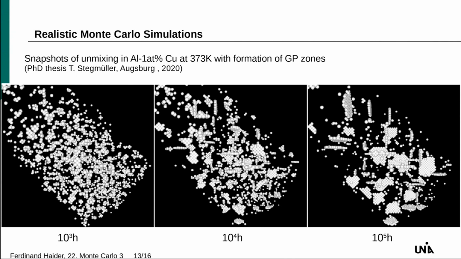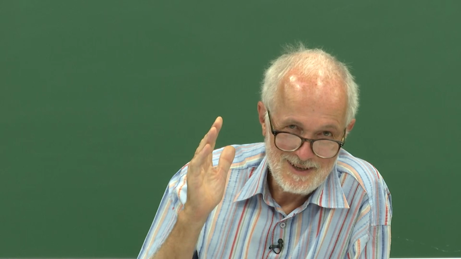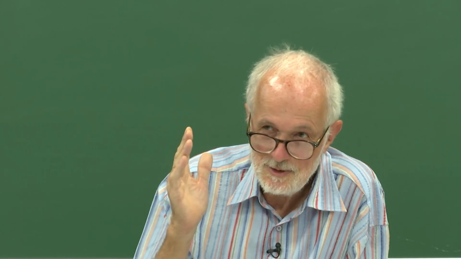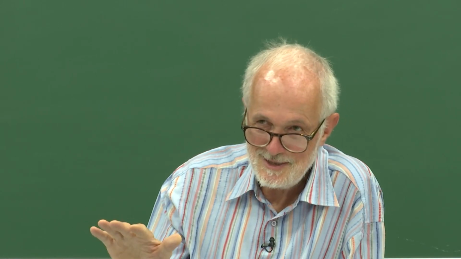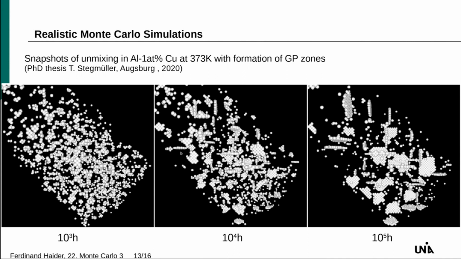Because he also did something else. I mean, if somebody is interested, I can also say something about the other algorithm he applied there. It's a bit confusing. The other method is called cluster evolution algorithm. It has nothing to do with the cluster expansion here. That means that you write down an evolution equation for the number of clusters of a certain size.